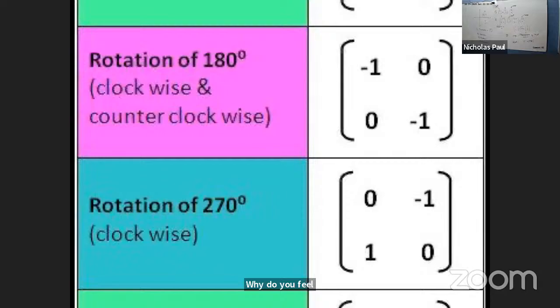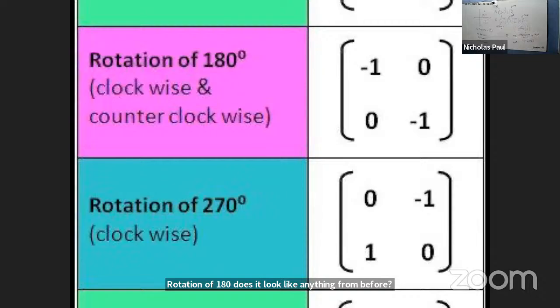Jeremy, do you recognize rotation around 180? Does it look like anything from before? Rotation of 180. Look back at the equations.